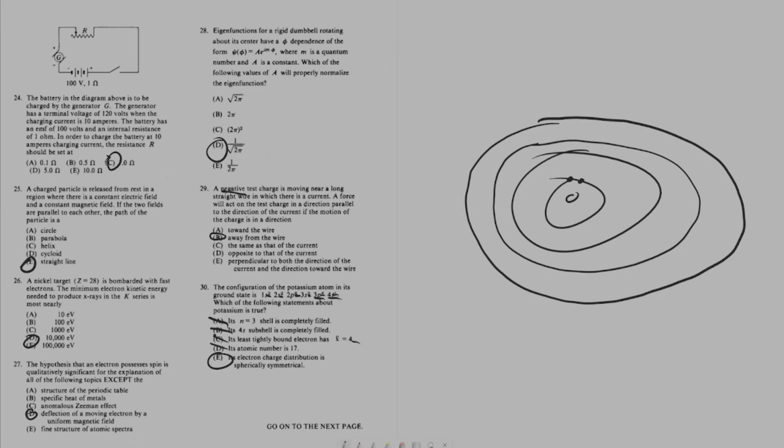So let's basically expand that out. I just have a single electron in this fourth shell. So if we just look at the outer one, it's very similar to a hydrogen with just that one electron, which is spherical in its symmetry. So we have E as our answer.